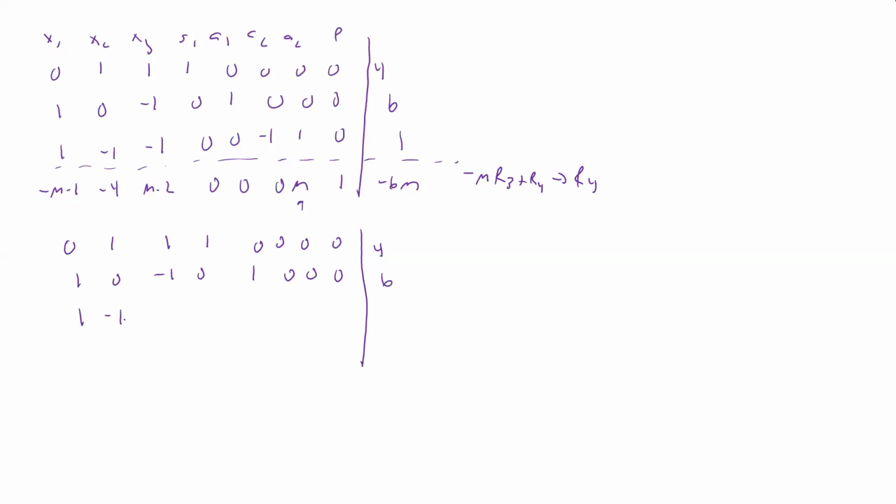And we have 1, minus 1, minus 1, 0, 0, minus 1, 1, 0, 1. And then minus this plus this, so minus m minus that, so that's going to be what? Minus 2m minus 1. And that's going to be a m minus 4. And that's going to be a minus m.